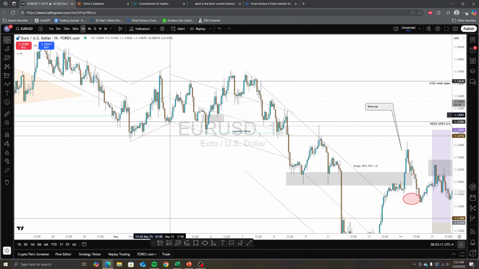So we saw it continue higher for basically the next day, but we didn't have this liquidity sweep. And now we have to think, was that already priced in?